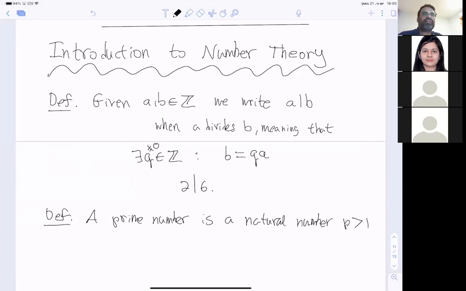It's a definition. So what is a prime number? It is a natural number P greater than 1, whose only divisors are plus minus 1 and plus minus P. This is a prime number.